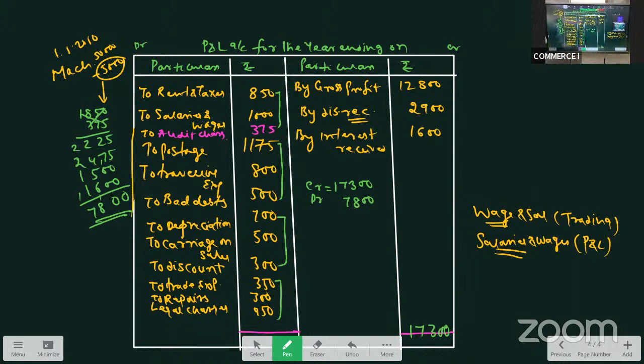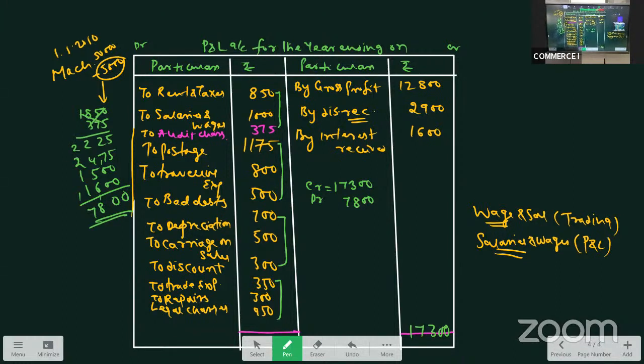Credit side, it was 17,300 and debit side, we are getting 7,800. Check if all the items are taken correctly. Rent 850, salary 1,000, audit charges 375, postage 1175, traveling 800, bad debts 500, depreciation 700, carriage 500, discount paid 300, discount received 2,900, interest received 1,600, trade expenses 350, repairs 300, legal charges 950.